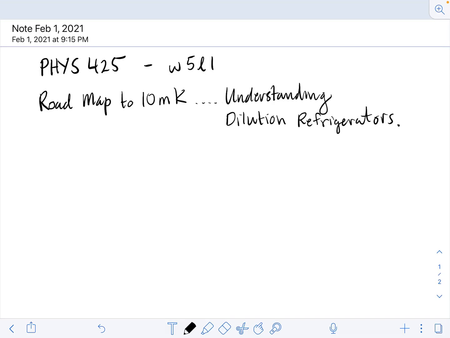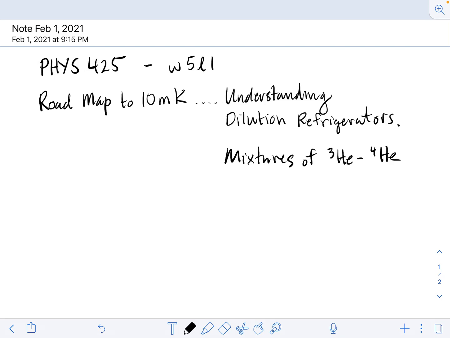And the method is going to be by using dilution refrigerators, which involve mixtures of helium-3 and helium-4. And in order to fully appreciate how dilution refrigerators work, we're going to have to really tackle a number of different topics along the way.